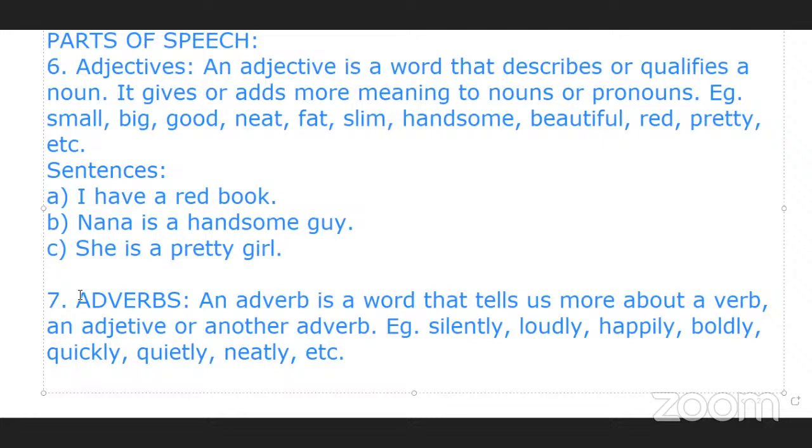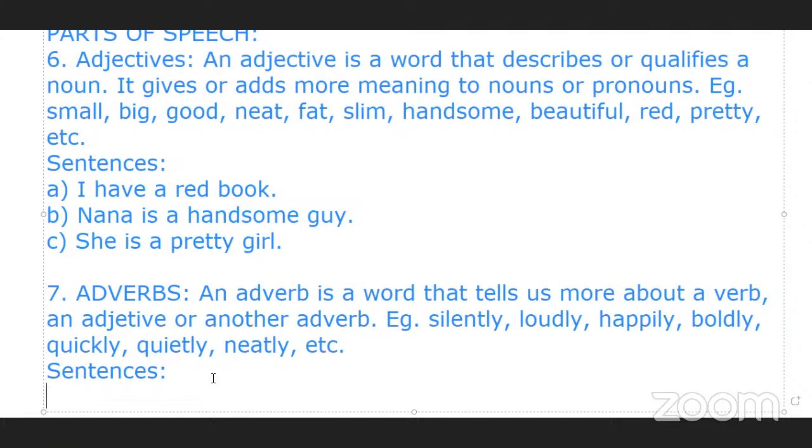So let's give some examples in sentences and let's see. Okay, I'll use my cat. My cat eats quickly.